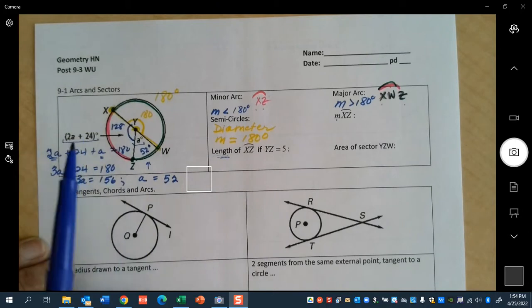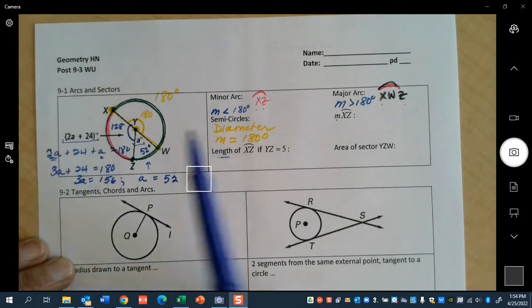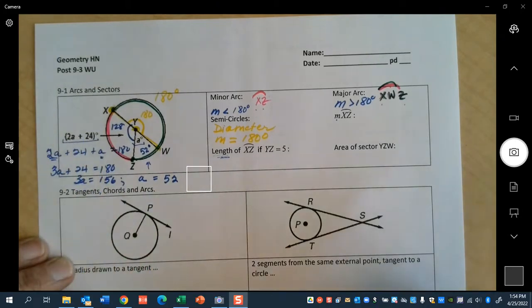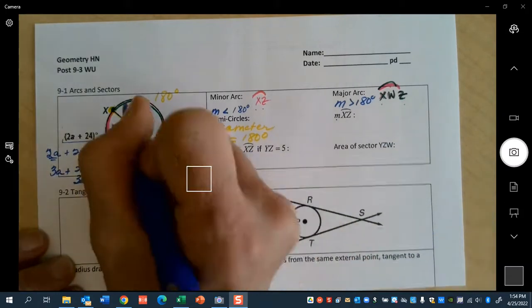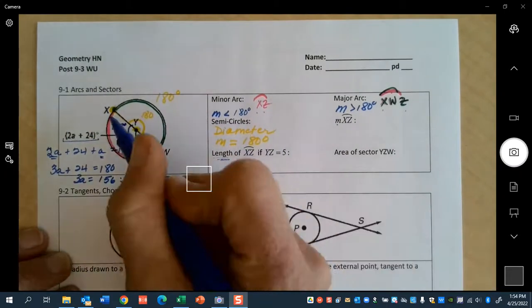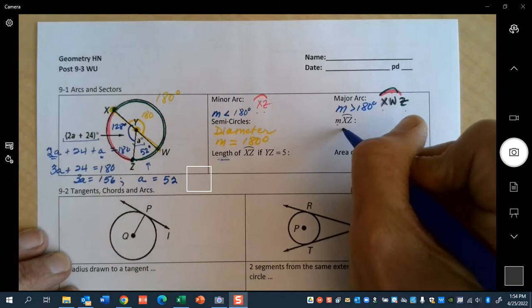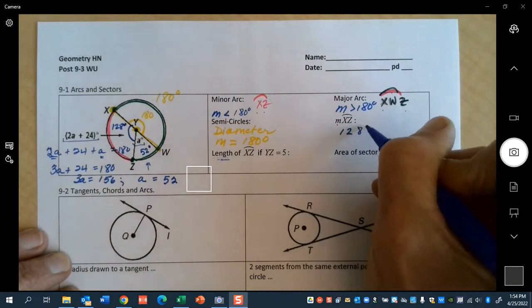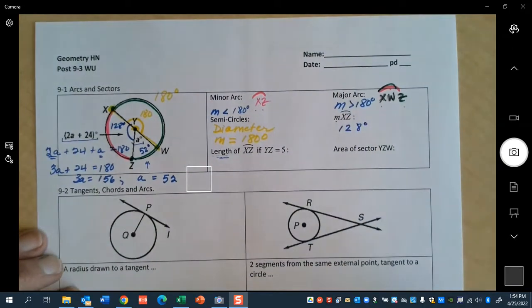Or you can do 2 times 52 plus 24. So 2 times 52 is 104. 104 plus 24 is 128. So because this central angle has a measure of 128 degrees, so does this pink arc, which is minor arc XZ. We good?